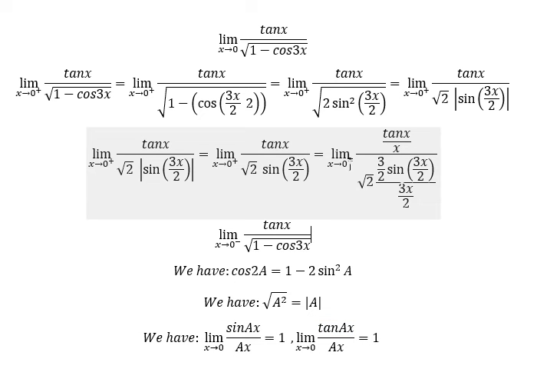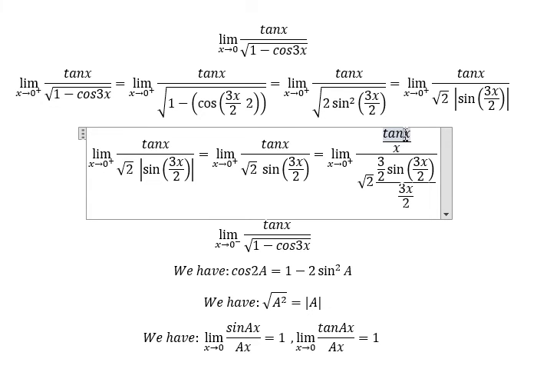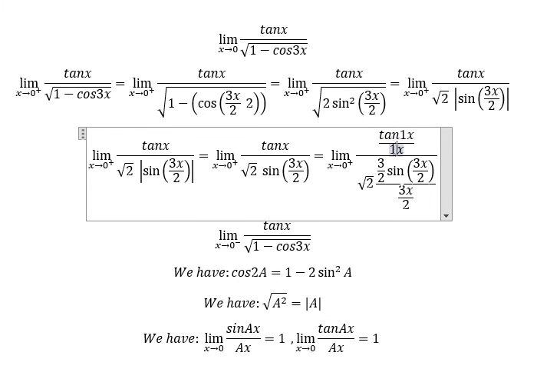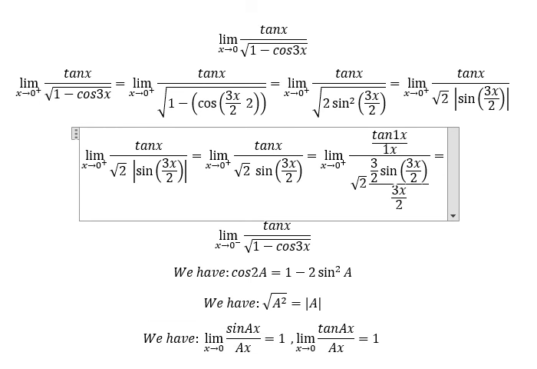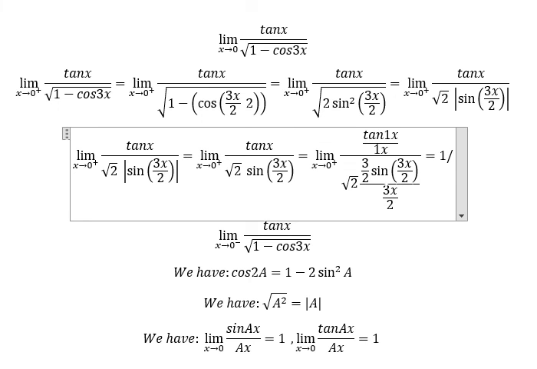So when s approaches number 0, this one is tan of 1s over 1s, and this one equals number 1. This one equals number 1. So if we simplify, we have like this.